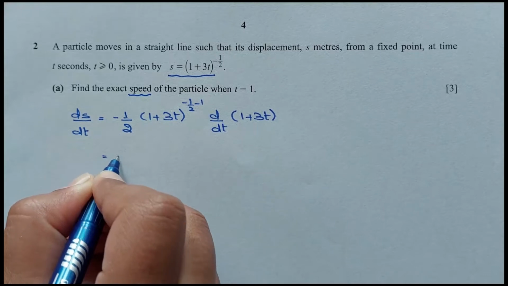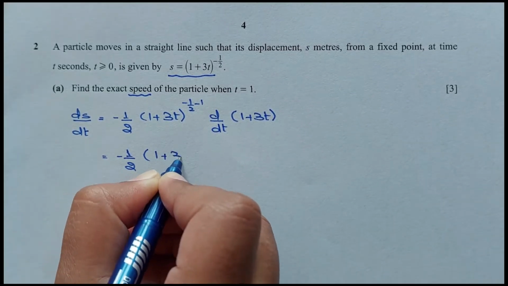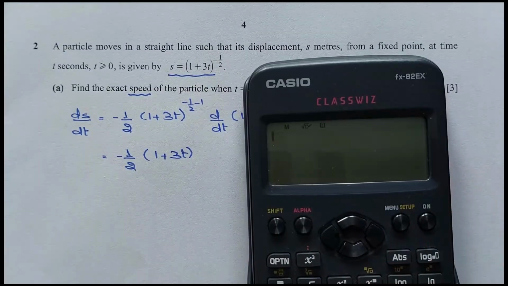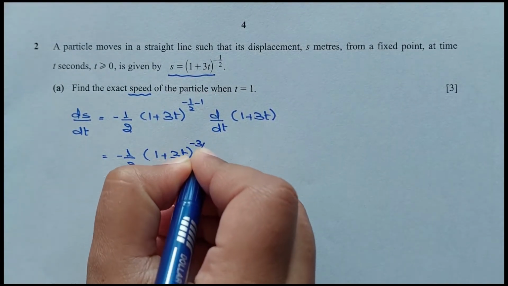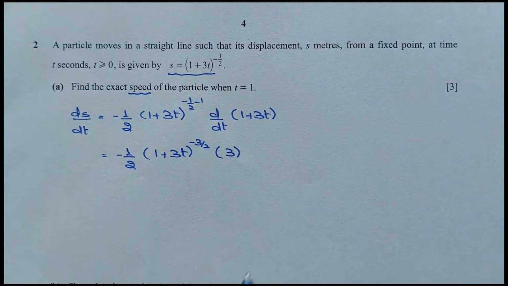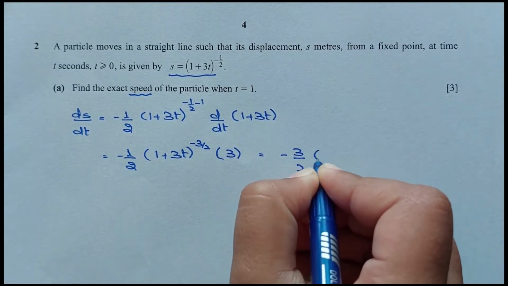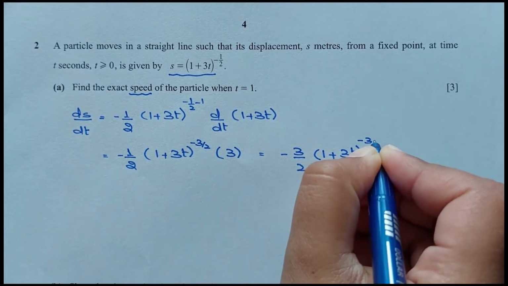Right, and we have minus 1 by 2, 1 plus 3t, and minus 1 by 2 minus 1 is minus 3 by 2. Its derivative is 3. So we have minus 3 by 2, 1 plus 3t, power is negative 3 by 2.